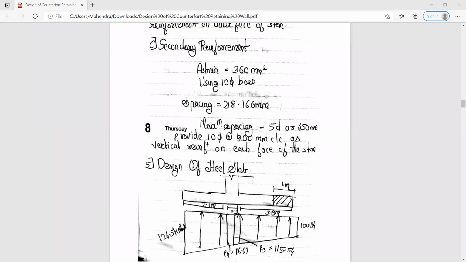Yesterday we had completed the design of stem. Now today we are going to start with the design of heel slab.